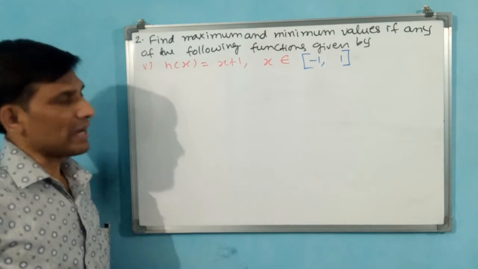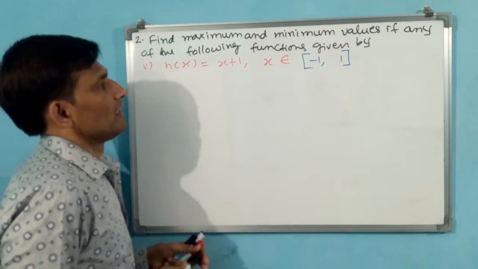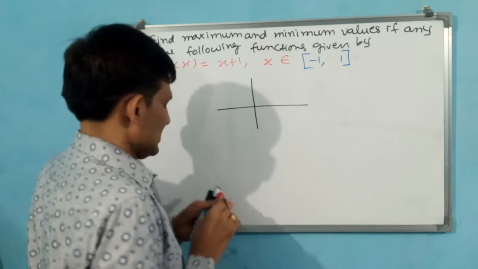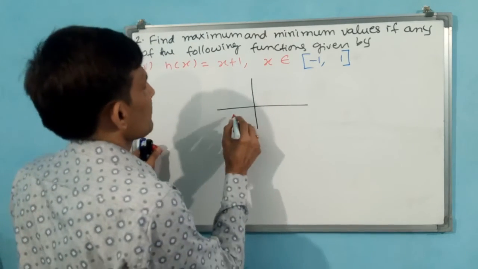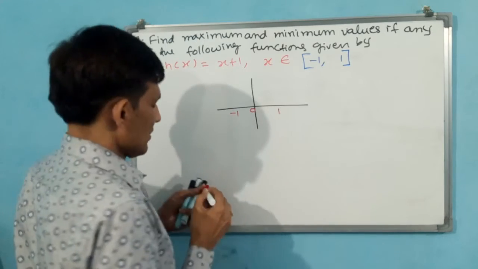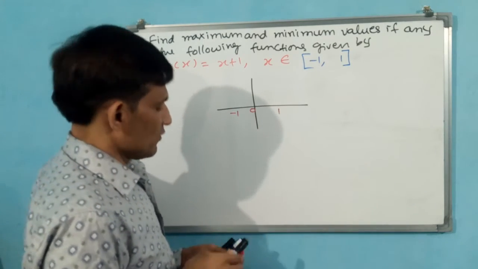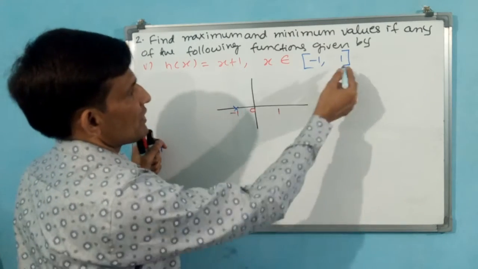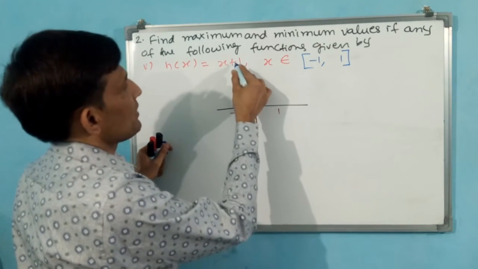Okay, now we come back again to the graph. Again you draw the graph. What are the values? -1, 0, 1. Can you give -1? Yes, I can give -1. Then you give -1. Can you give +1? Yes, +1 I can give. If I give +1, 2.